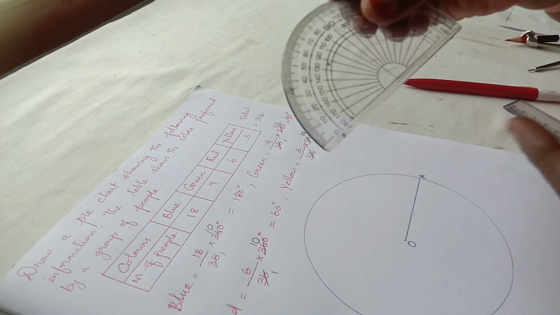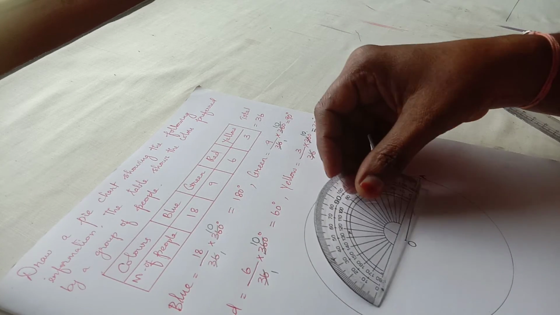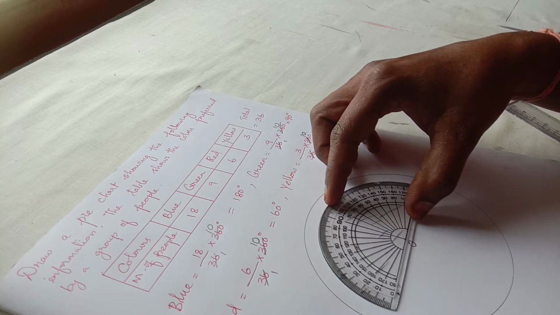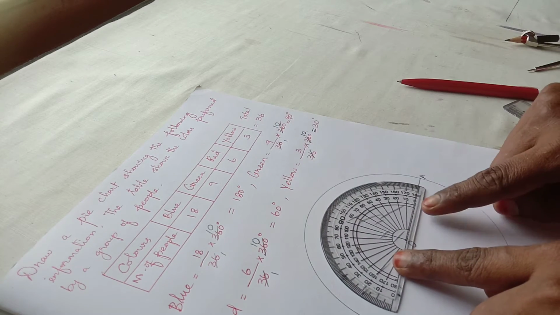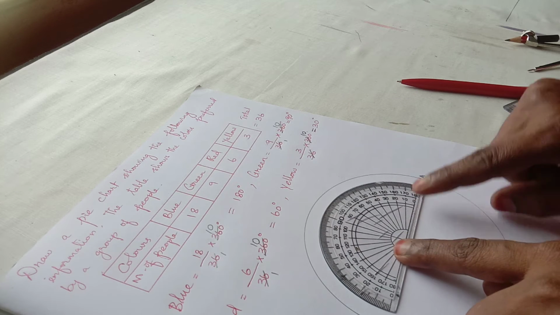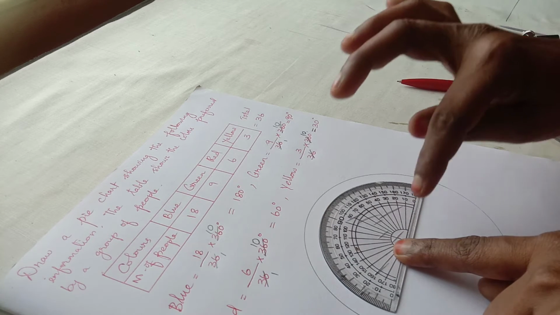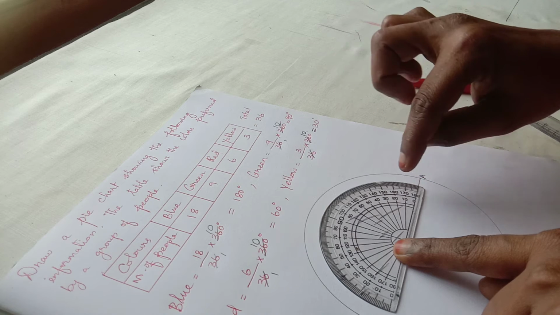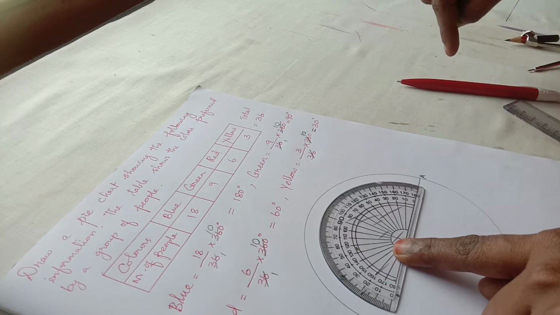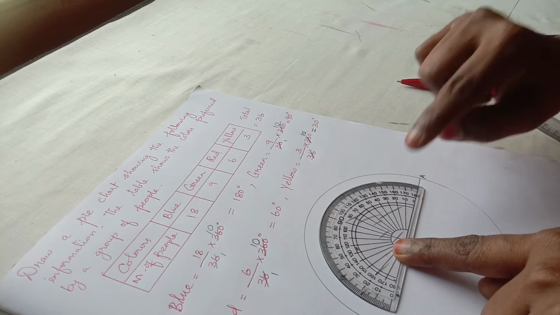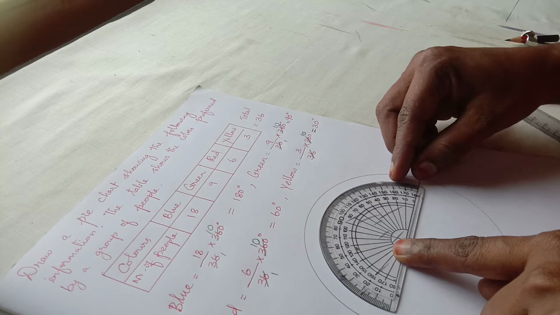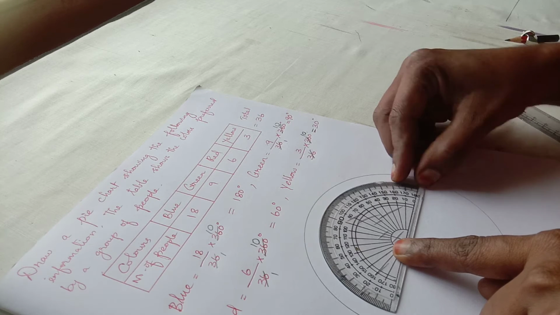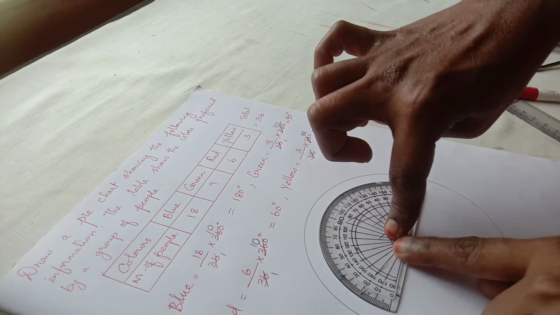See, once again, the center of the protractor should coincide with the point O, the center of the circle. Then adjust the baseline, that is the zero line of the protractor, according to the radius. Both should coincide: the baseline of the protractor and the radius OA. Like that we need to adjust.